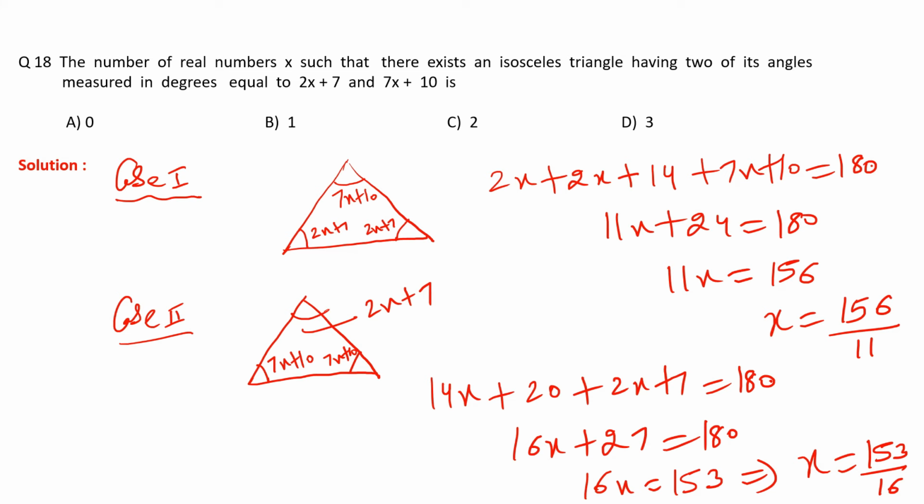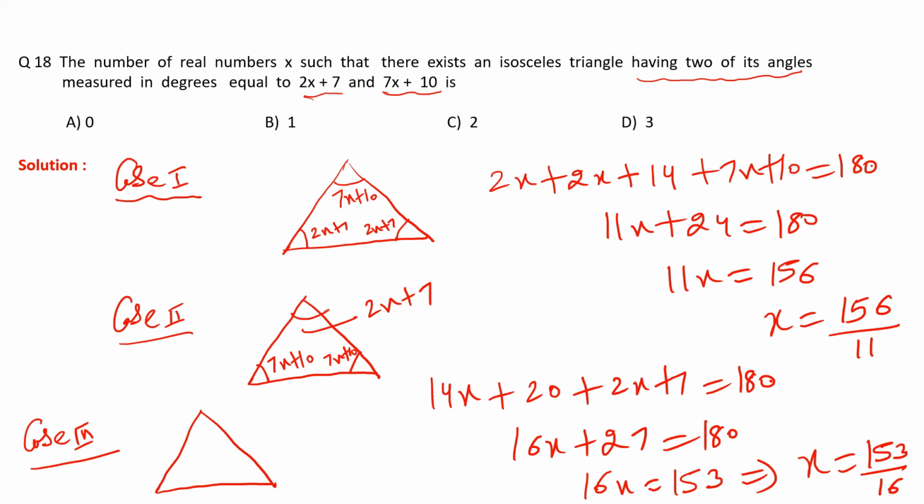And what can be the third case? Is a third case possible, or are only these two cases possible? Here you have to use a little bit of your mind. It is possible that there is an isosceles triangle having two of its angles measured in degrees equal to this.